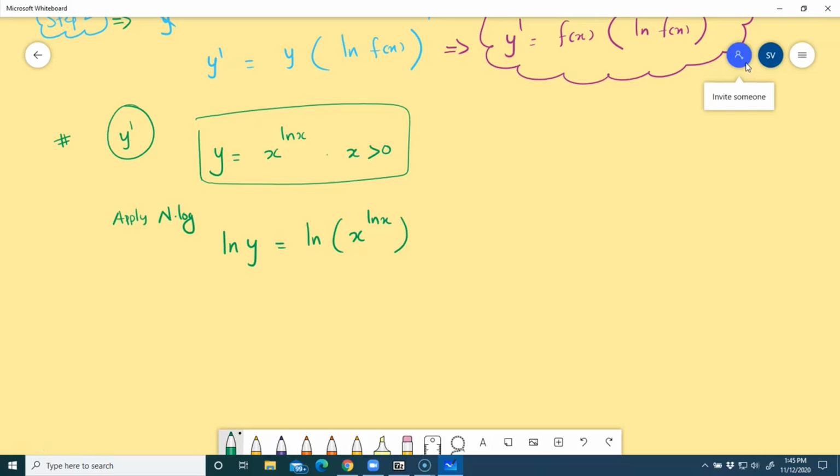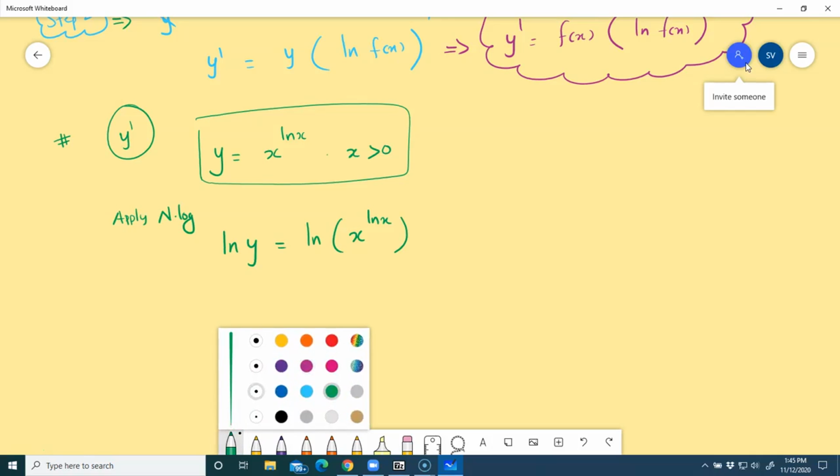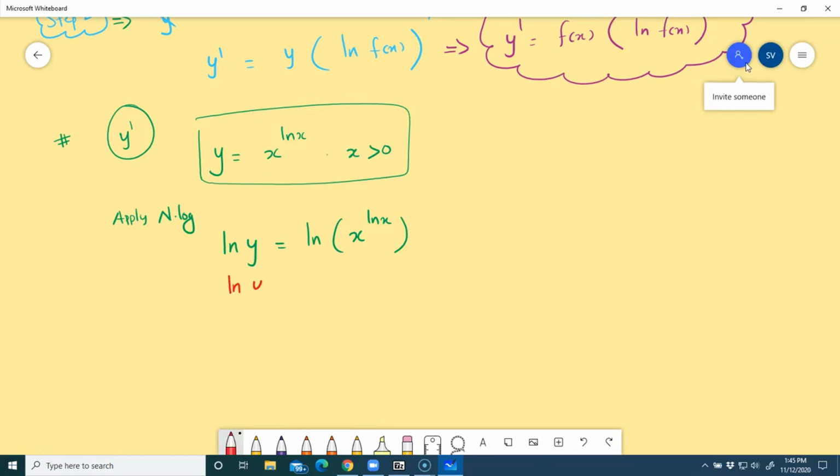So we can write this: ln y equal to, when we apply a log on a function in exponential form, that exponent will come in front of the function. That is, this ln x will come in front. So ln x times ln of this x.